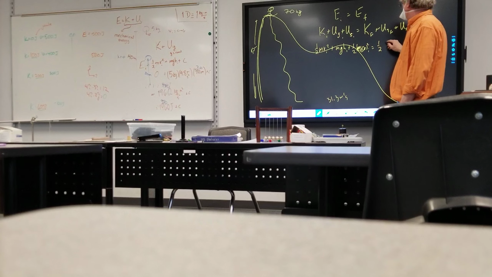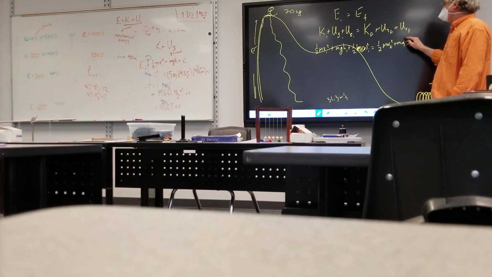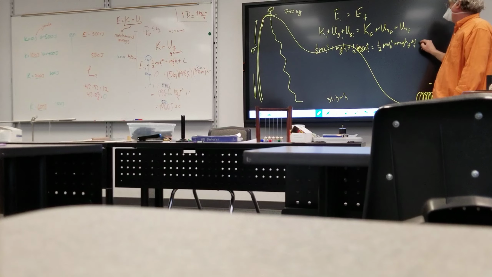So I need to explain what those are still. MV final squared plus MGH final plus 1/2 K delta X final squared.